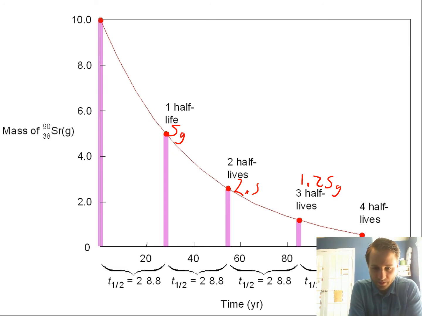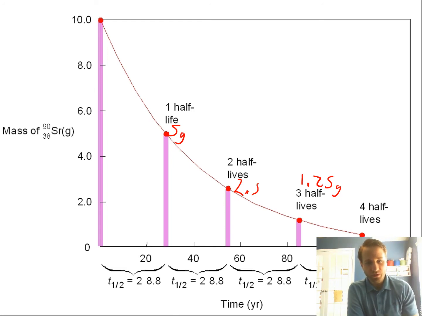It's going to continue to take the same amount of time to reduce the amount of that radioactive compound you have by half of its current concentration. So no matter what the concentration is, it always takes the same amount of time to reduce it by half.